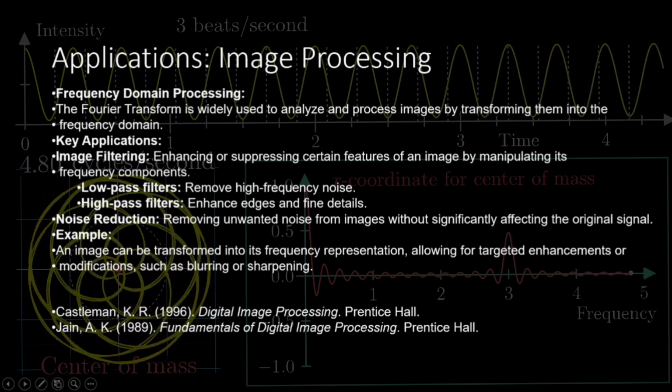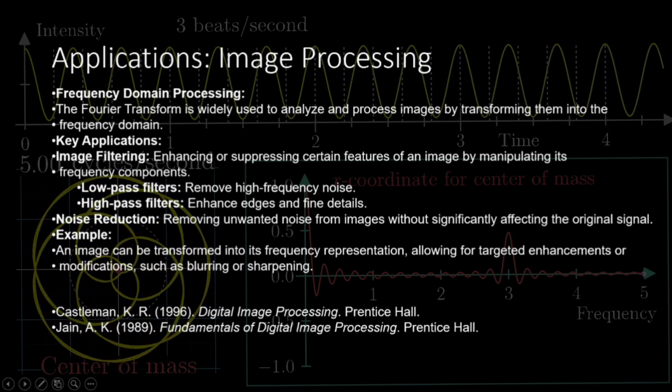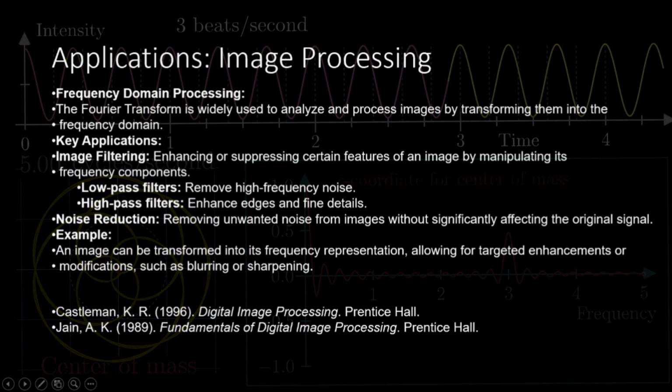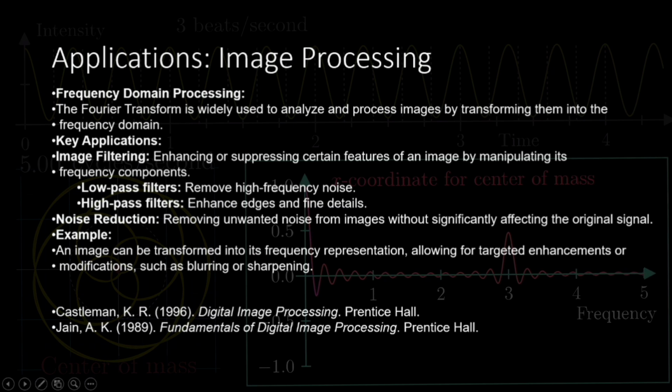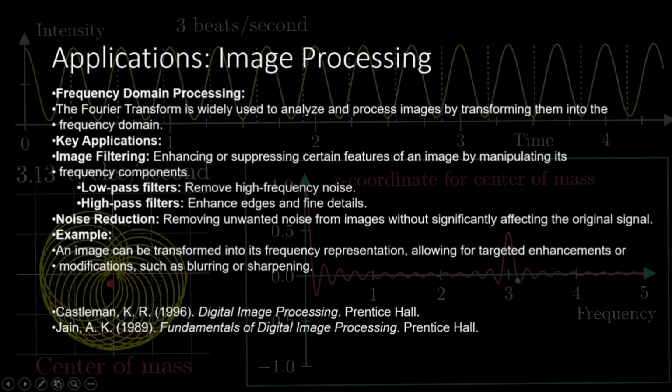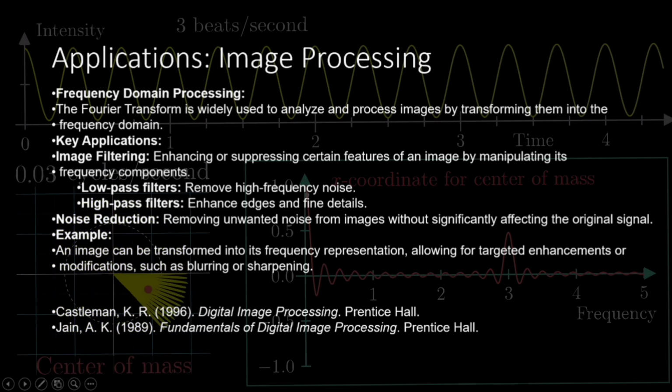Just as it decomposes sound into frequency components, it can also transform images from the spatial domain into the frequency domain. This allows us to analyze the frequency content of the images, which is especially useful for various filtering techniques.